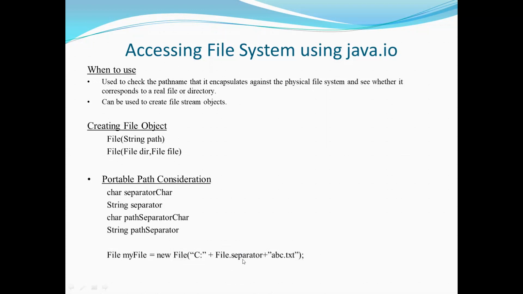Suppose you are using Linux, then it will automatically pick the separator of the Linux operating system. If you are using Windows, then it will pick the Windows path separator. So now this file object and the path that you are passing is now portable.